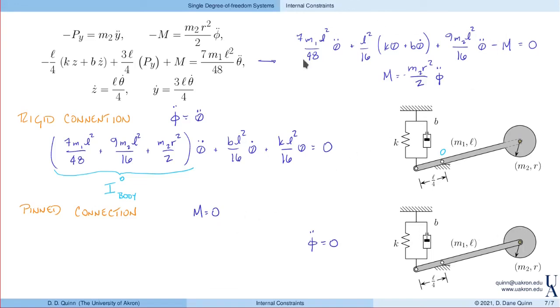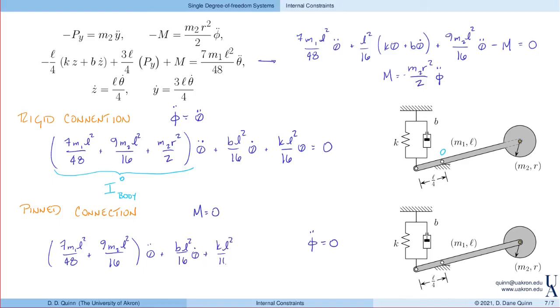Now, going back to this equation, well, M is equal to 0. So what's left is 7m1L squared over 48 plus 9m2L squared over 16. And then theta double dot, we again have the damping, and we have the stiffness.